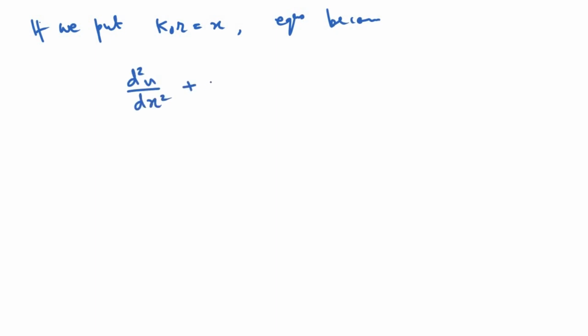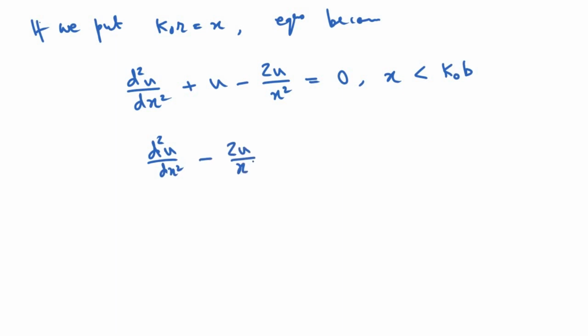So, if we put k0 into r is equal to x, then our equations become d2u/dx square plus u minus 2u by x square equal to 0, for x less than k0b, and next d2u/dx square minus 2u by x square equal to 0, for x greater than k0 into b.